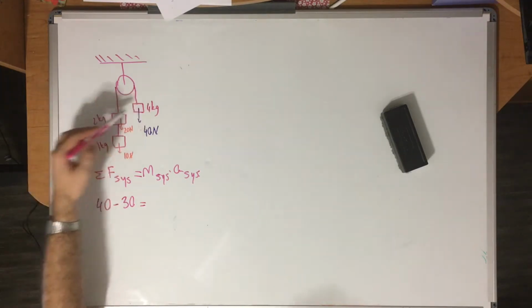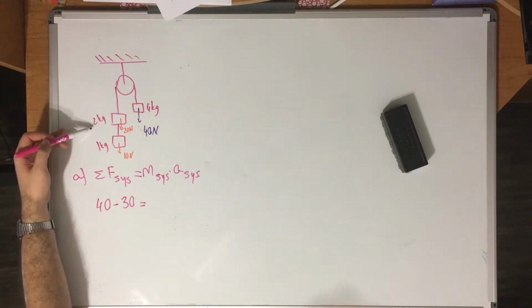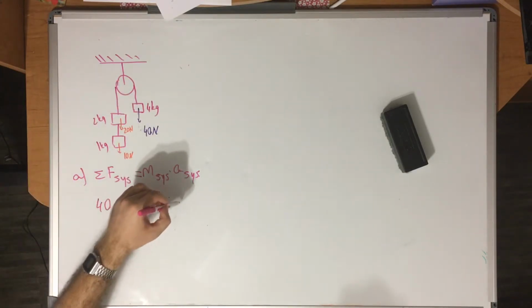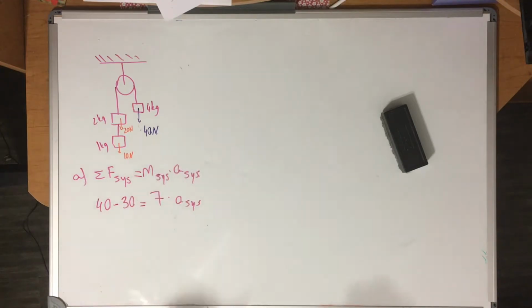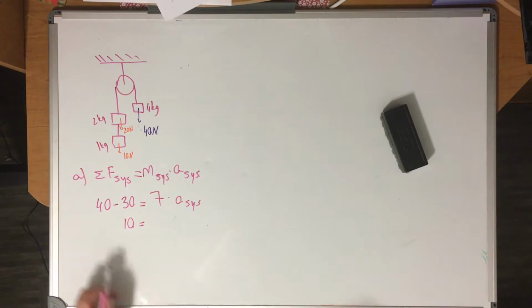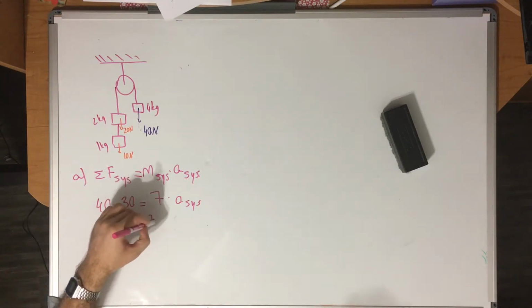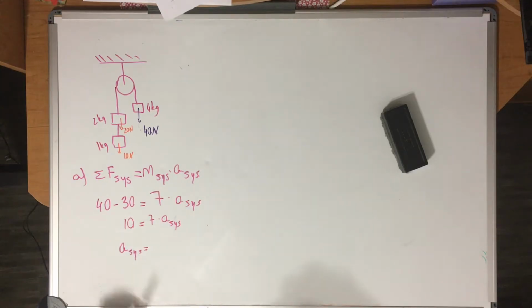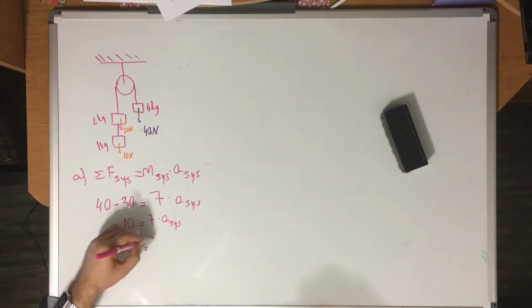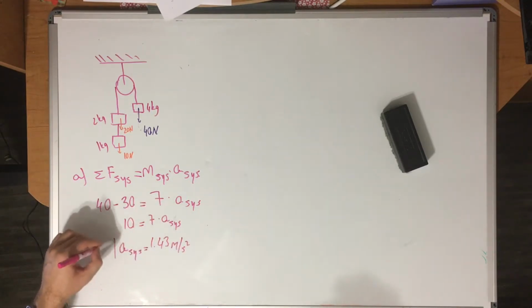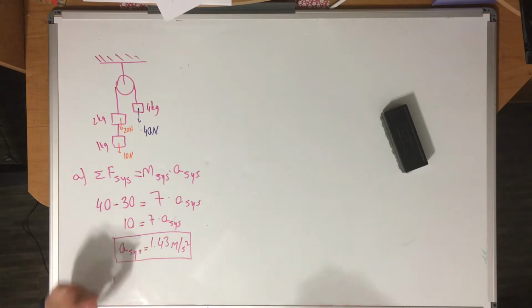Then I need to add all of the masses, so 1 plus 2, which is 3, 3 plus 4 is 7. So 7 times acceleration of the system. Then that is going to be equal to 10 equals 7 times acceleration of the system. And that acceleration will be equal to 1.43 meters per second squared. This is going to be the answer for part A.